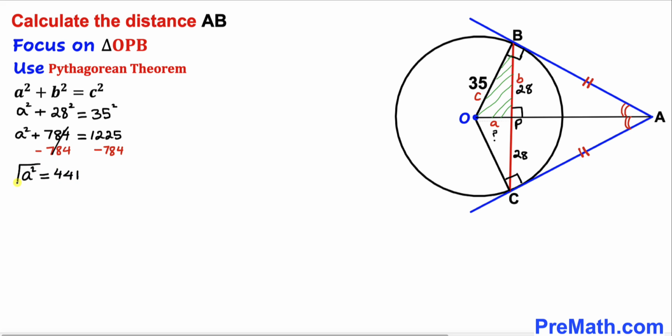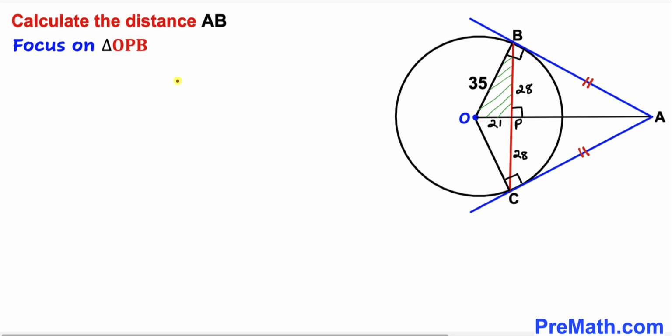Let's undo this square by taking the square root on both sides. So A is going to be 21 units, and we are going to pick the positive 21 since our length A must be positive. And since our A is length OP, I can say OP length turns out to be 21 units.